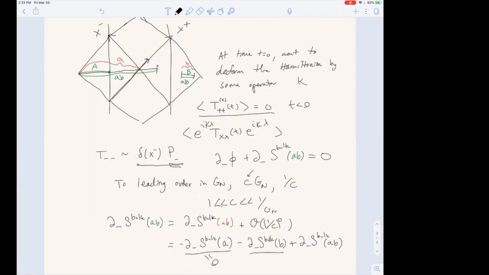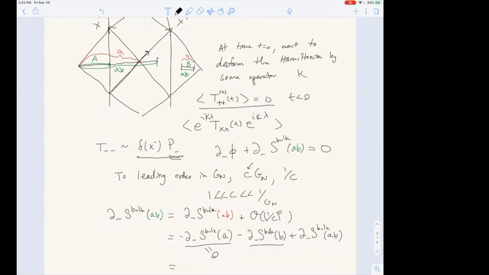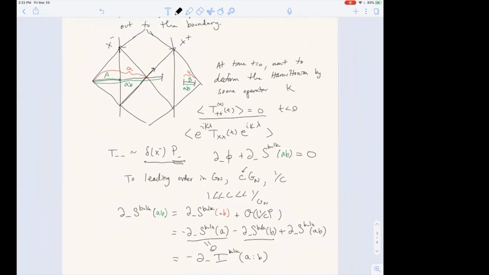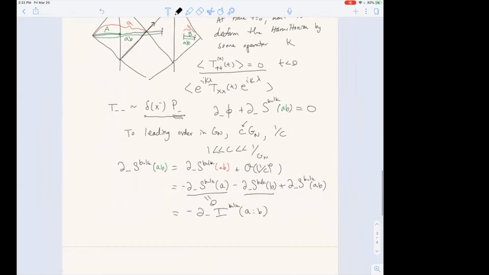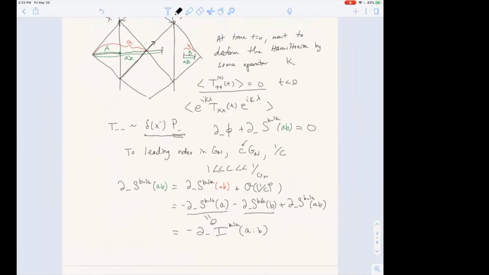And this term here is just 0 because we're not moving any of the endpoints of B. And so what we get is that this is equal to minus the derivative of the mutual information in the bulk between little a and little b. Now, by an inequality called strong subadditivity, this is actually positive.